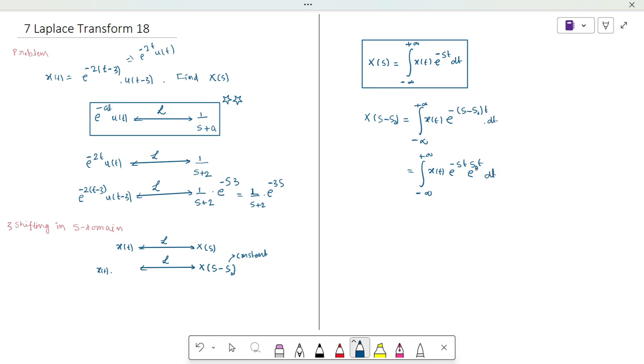Now expand. So the integral of x of t into e power minus s t into e power plus s naught t dt. This is a function of s and t, and this is only a function of t. Then we can write the integral of x of t into e power s naught t into e power minus s t dt, which is equal to x of s minus s naught.